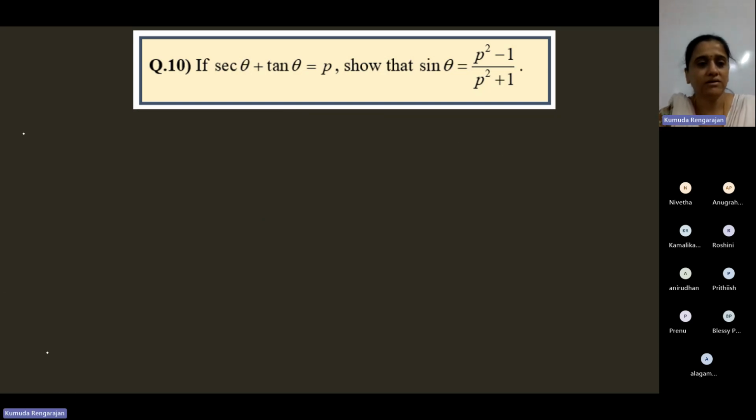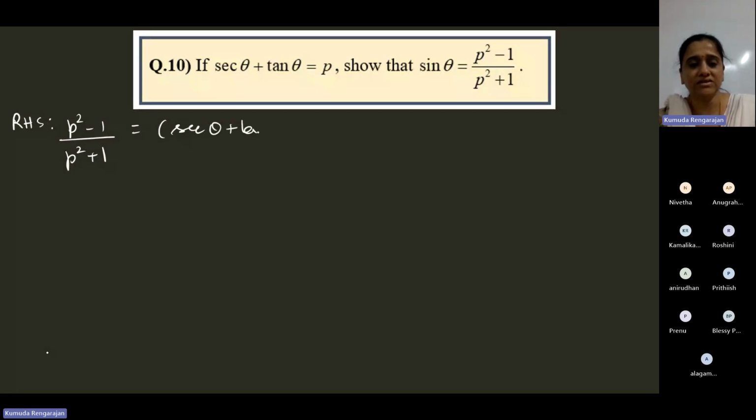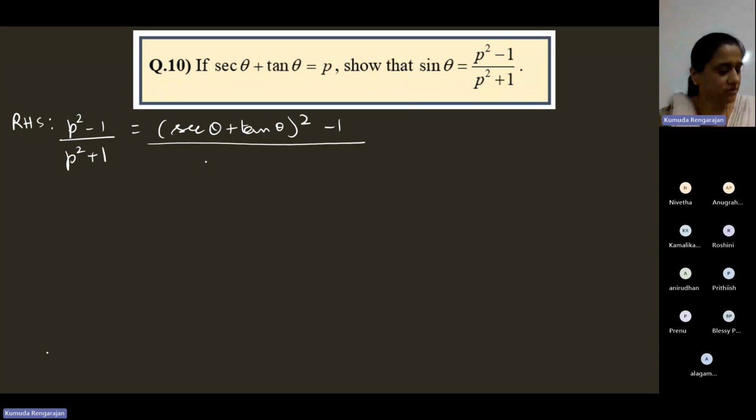So let's start. The right hand side, RHS, is P square minus 1 by P square plus 1, which is equal to secant theta plus tan theta, the whole square, minus 1, by secant theta plus tan theta, the whole square, plus 1.